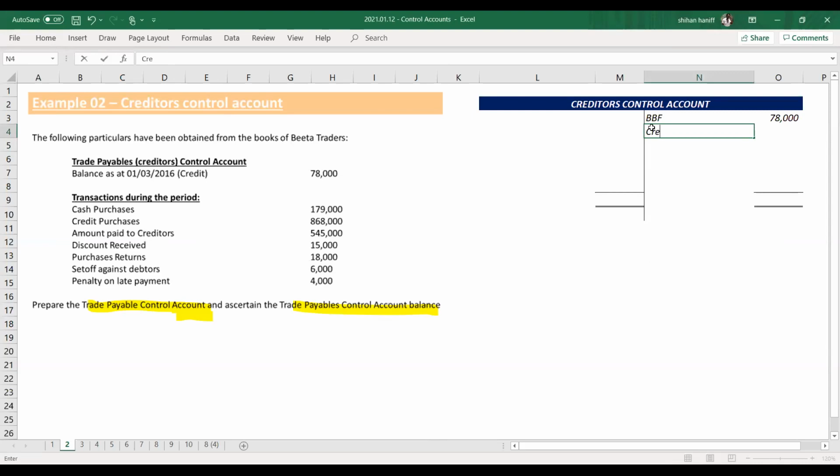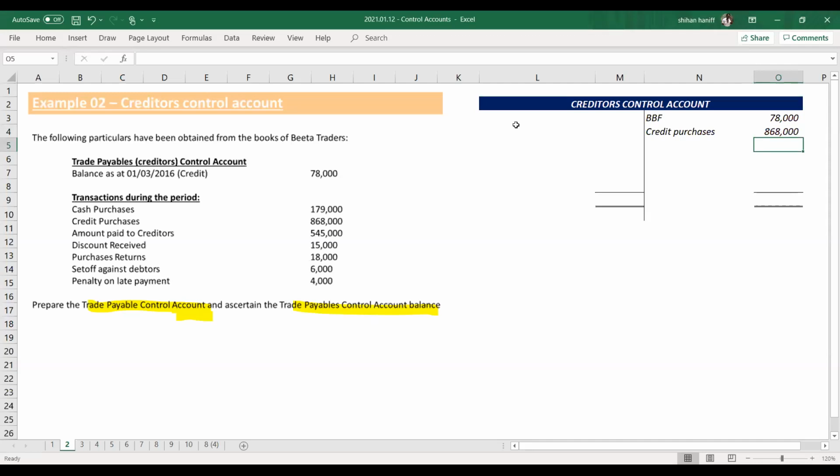Only credit purchases will be taken. Credit purchases 868,000.